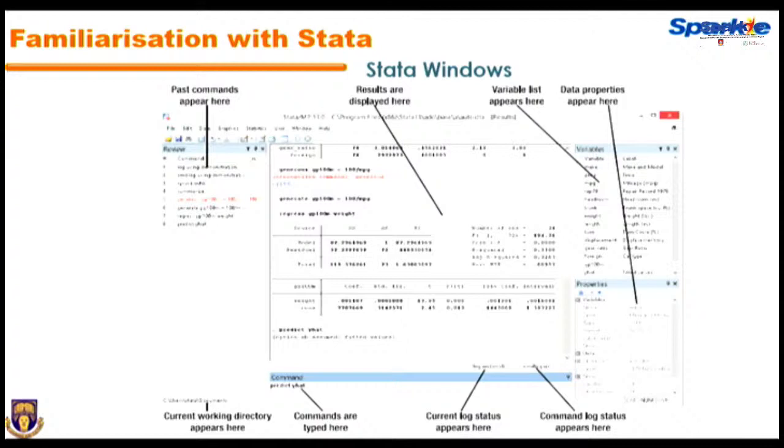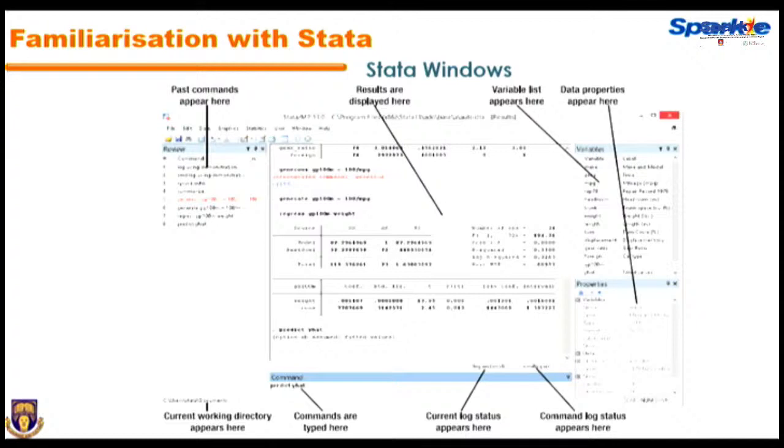So, but wait. Even if you are copying, just look up. This is an interface of Stata. Can we all see the screen? So, on this side, look at the middle, this big middle.